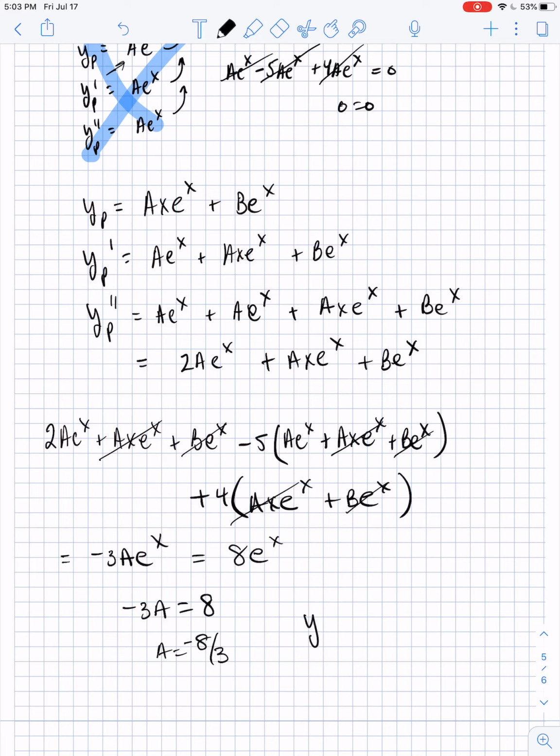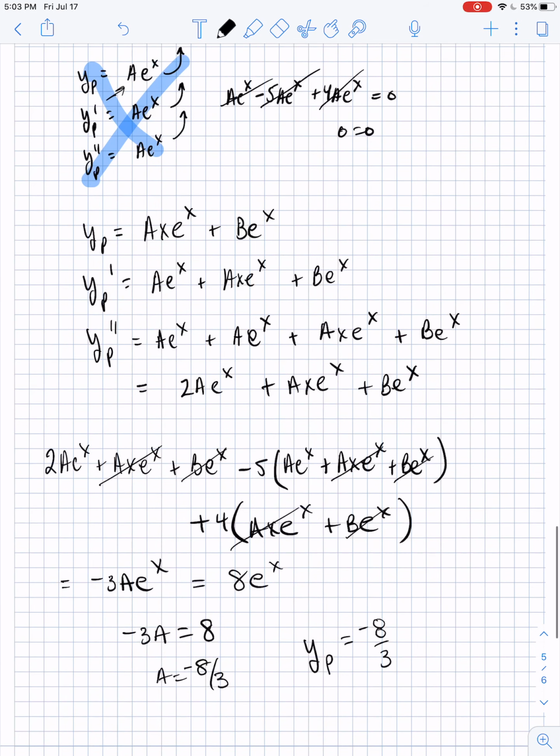And then we could write our y of p to be negative 8 thirds x e to the x, and you could see that in this situation b is going to be 0 because we canceled out that portion of it.